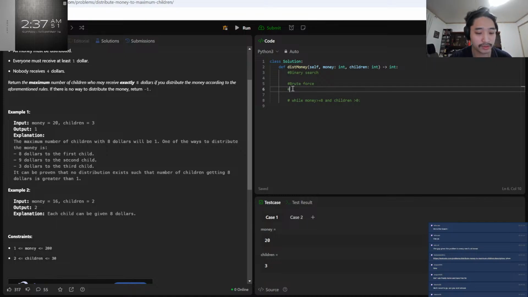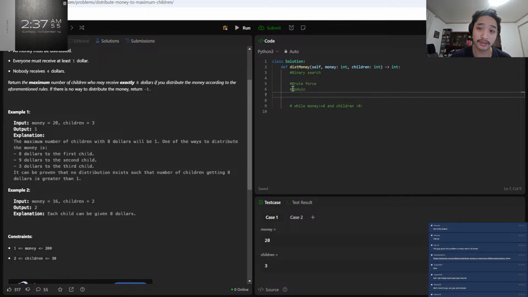Okay, so if I use the modulo, it would be, now this is not in the structure, I'm just talking through the way I would think. So money modulo 8. I would need to do, okay, let's just call it rest.